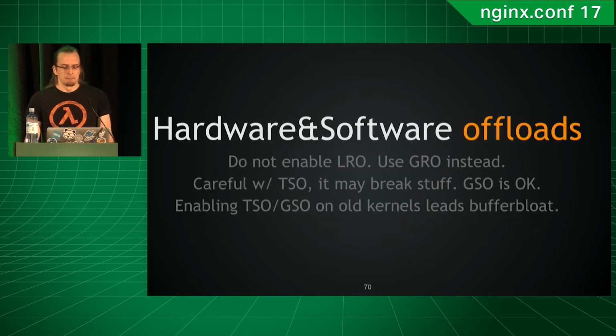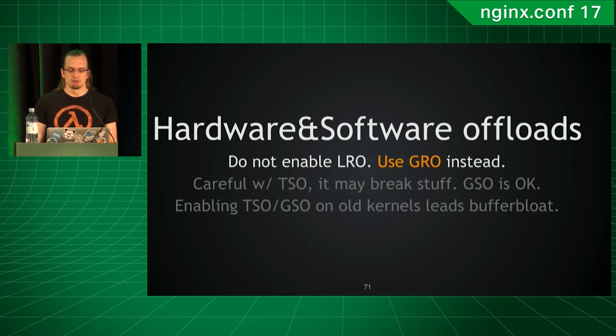Then on hardware offloads inside the NIC. The recent NICs are very smart, and I could probably give a separate talk about just hardware offloads, but there are still a couple of rules of thumb you can apply. Do not use LRO, use GRO. LRO will break stuff miserably, especially on the router side. Be careful with TSO.